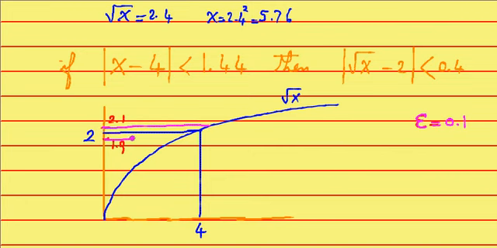Now that's going to make our picture rather hard to see. You tell me how far to the left or right of 4 can I go so that my output still lives inside of this purple looking region.